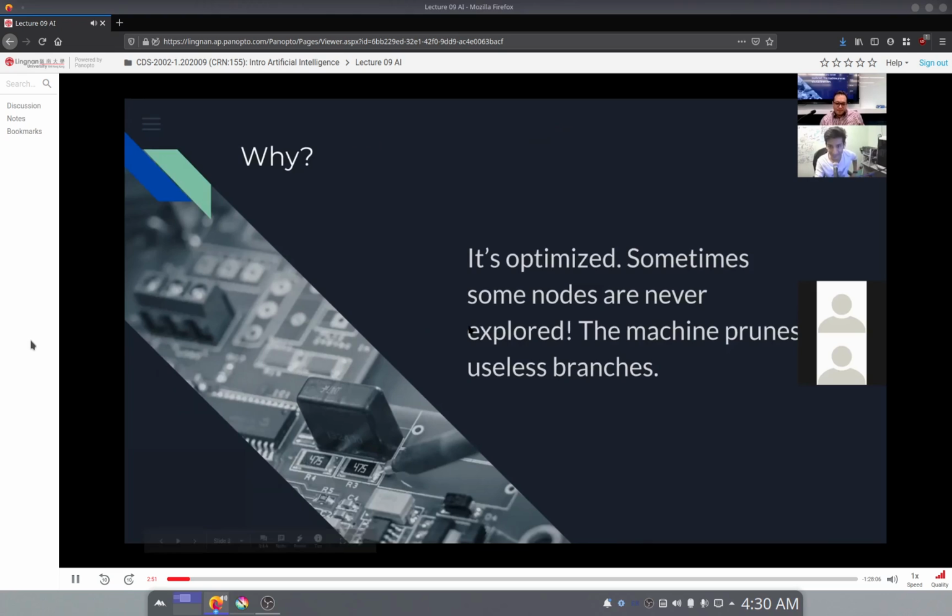Thank you, sir. So sometimes nodes are never explored. When you're using the alpha beta algorithm, we basically get rid of branches that are useless, and that's a good way to optimize the minimax algorithm.